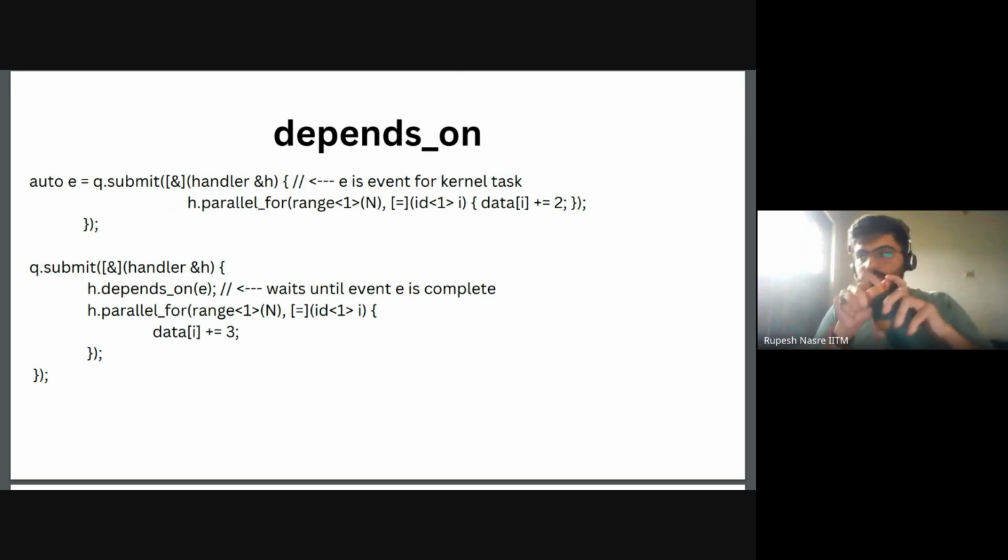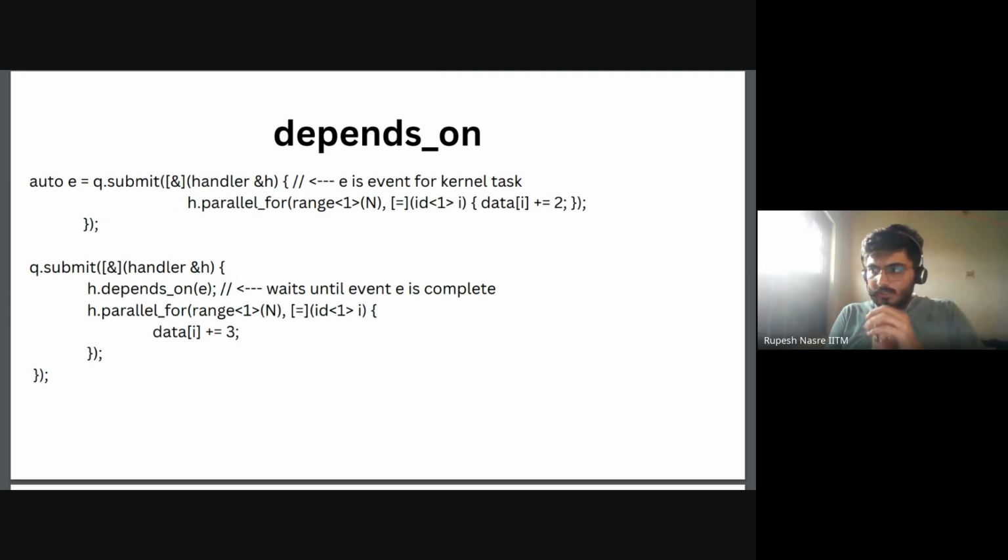Suppose you are writing the code and you have launched some kernel earlier in the code above, and then you have done some other kernel task, and they both are independent, right? Then you are doing a third kernel task which is dependent on kernel 1, but is not dependent on kernel 2. You understand what I'm saying.